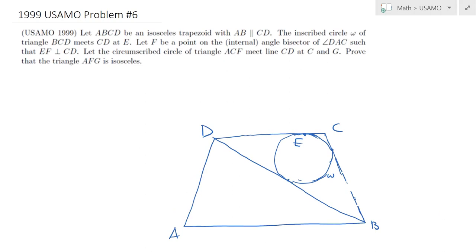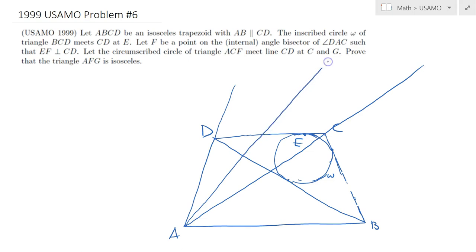Okay, so let F be a point on the internal angle bisector of DAC. So we are talking about the angle bisector here. Yes, so we have the angle DAC and we want an angle bisector. So probably something like that, I would say.